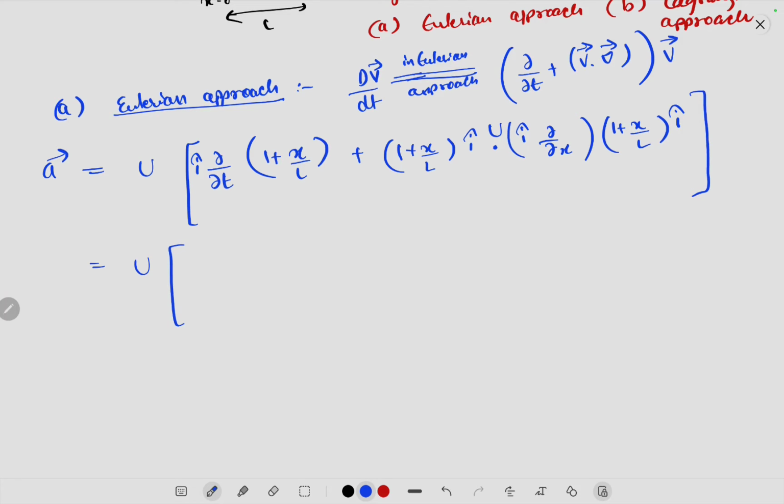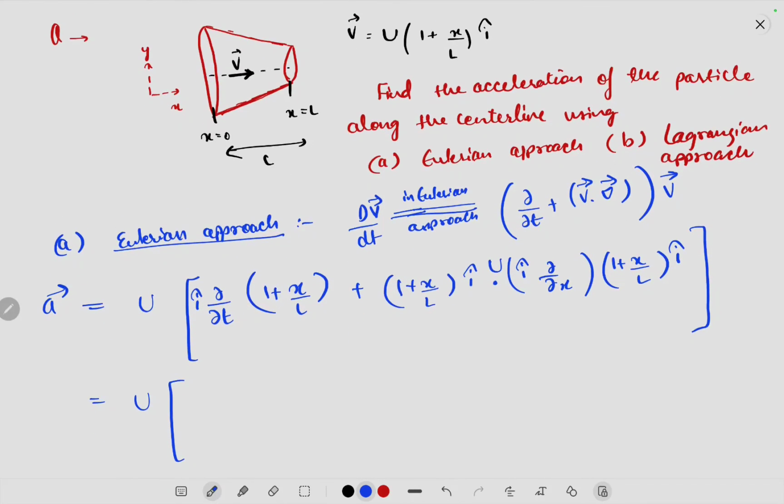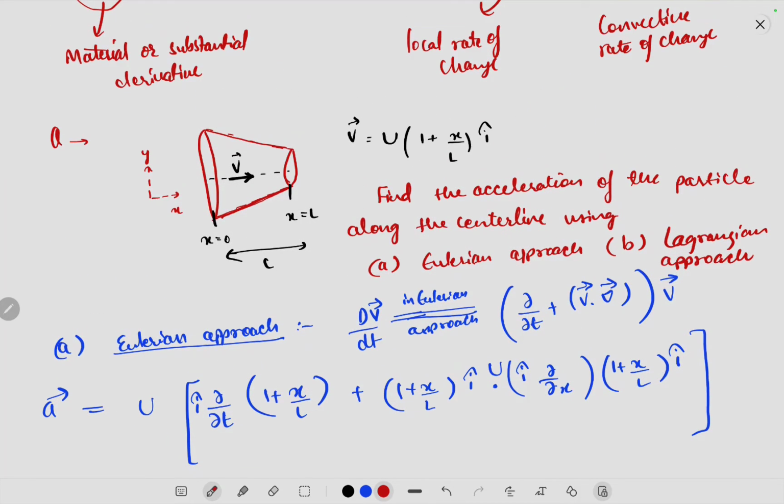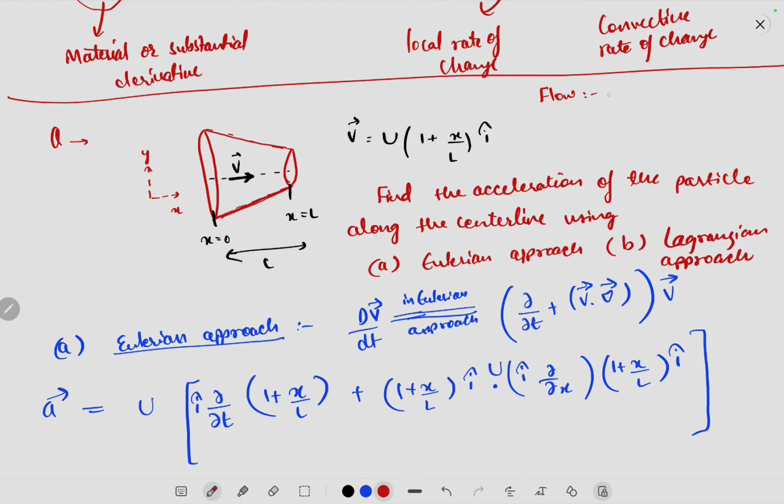So this would be u, and I also forgot to mention that the flow is given to be incompressible and steady state.